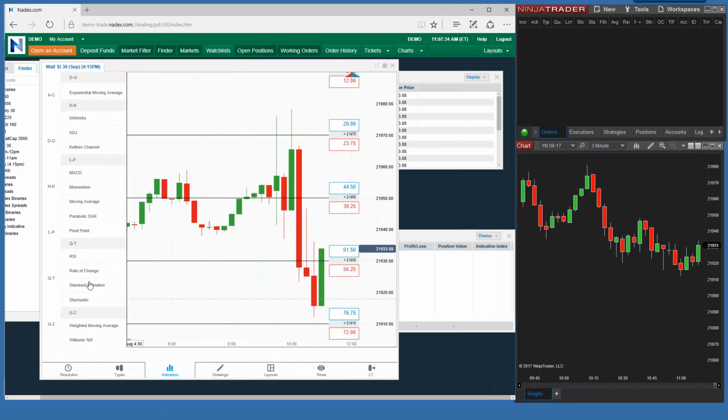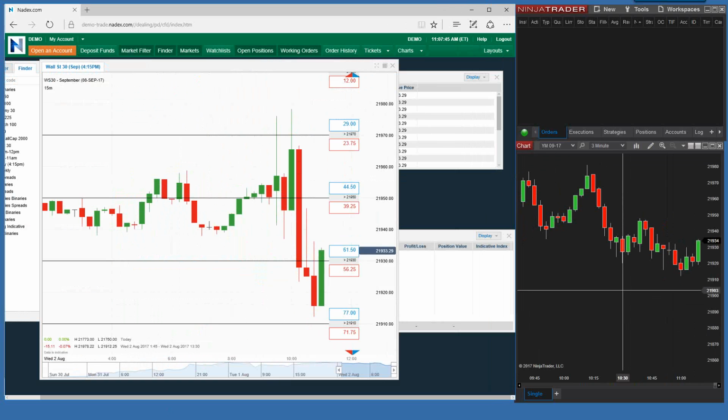They used to have one on here. Maybe not anymore. Okay, they do not have the volume indicator on here, and that's a good thing because it's only measuring the binary options.